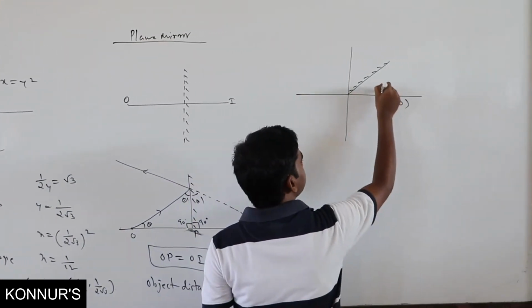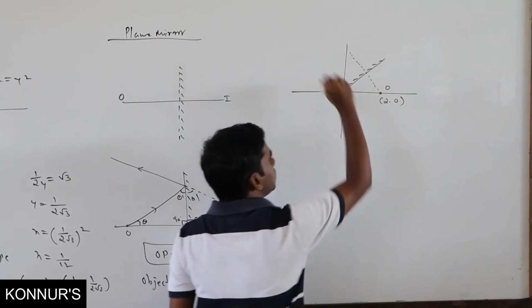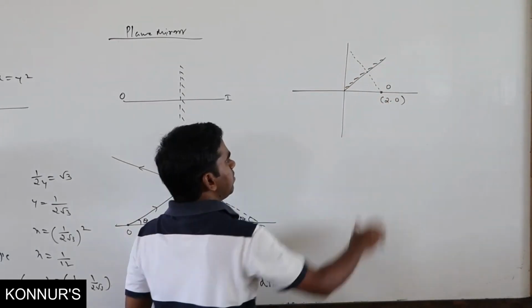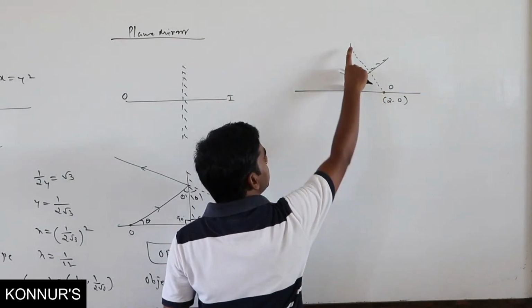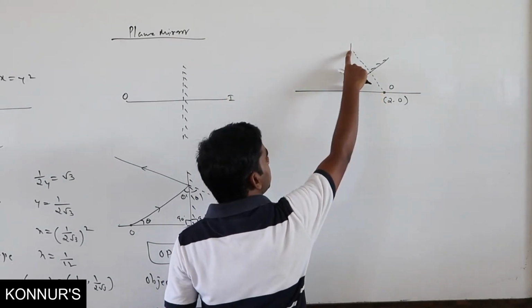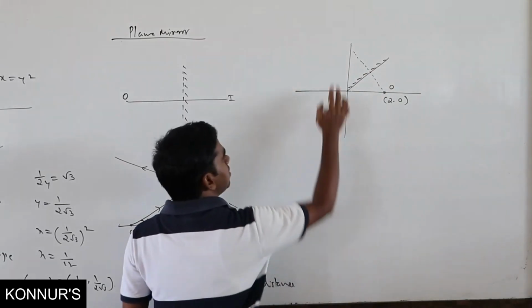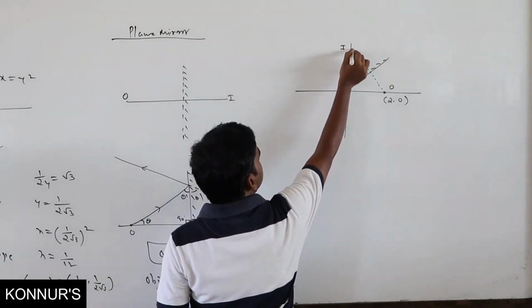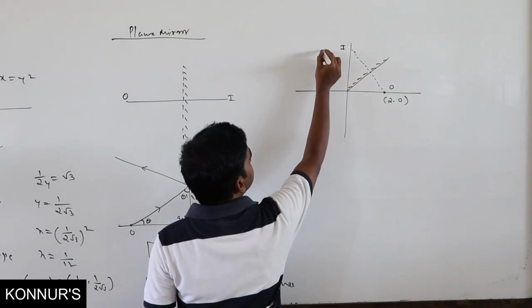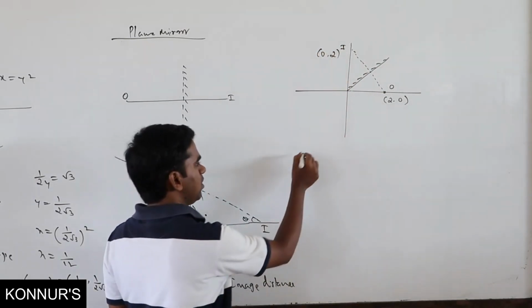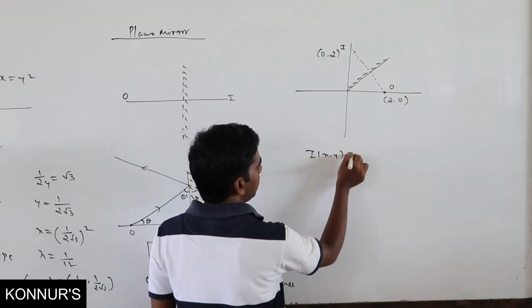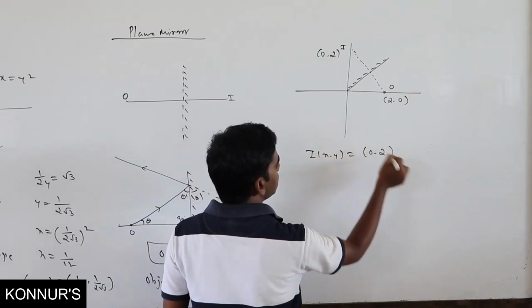You just have to extend this line. What is this distance? 2. If this distance is 2, this is also going to be 2 only. So what is your image coordinate? Image is going to be here, so you will get it as 0, 2. So that is I of x, y is 0, 2.